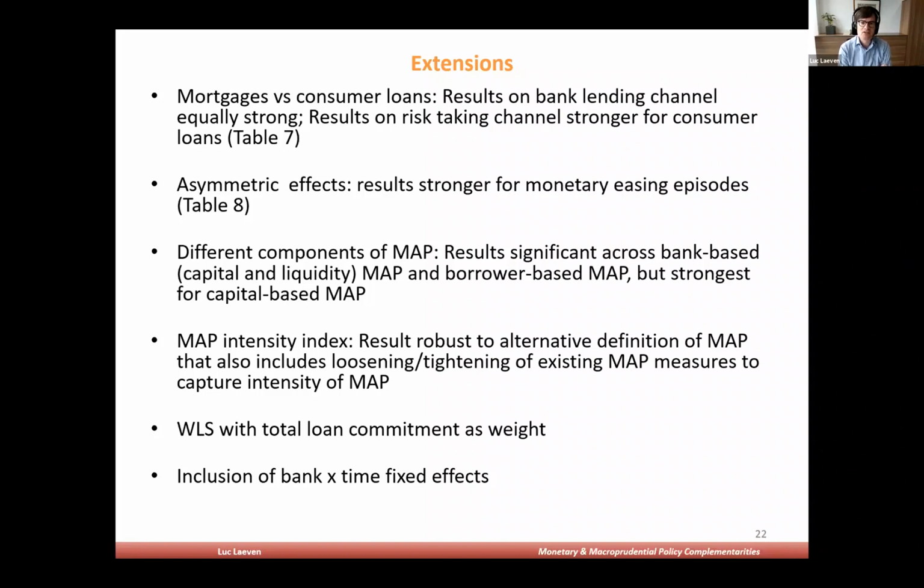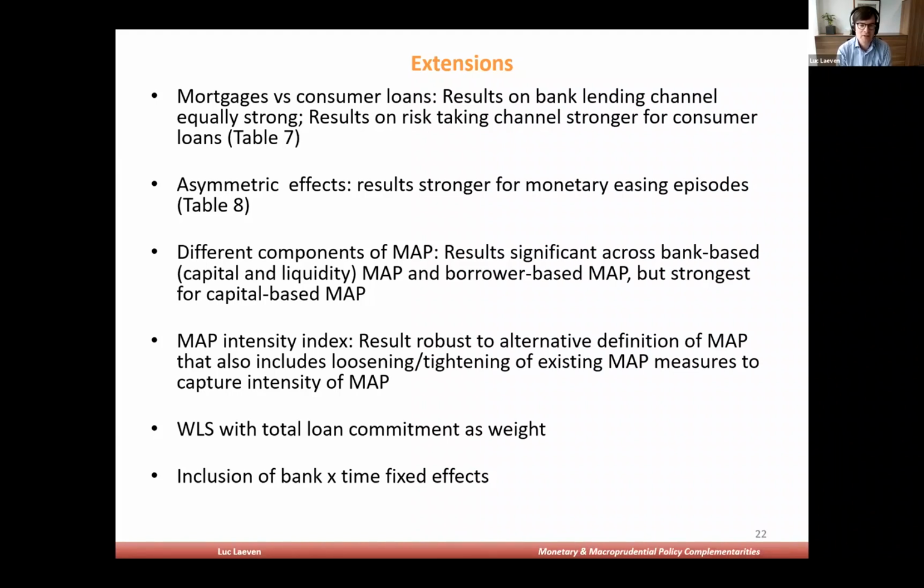And indeed, results are stronger during episodes of monetary easing, especially the risk-taking results. We also look at different levels of the macroprudential policy index, we have 11 measures across 3 different categories. And it's generally the bank-based categories that are more important, especially capital measures such as countercyclical capital buffers, which is also not so surprising since those measures have been employed the most so far in Europe, at least.